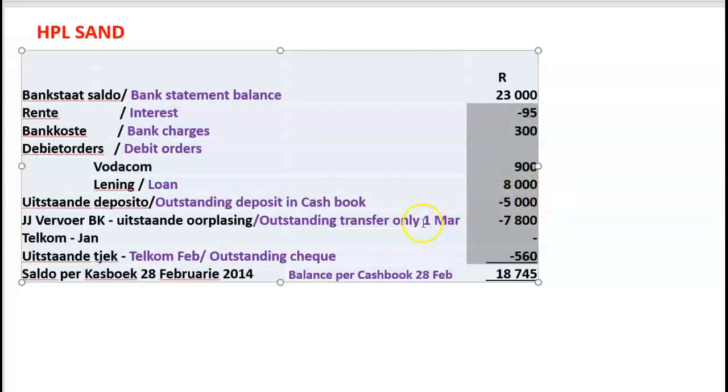That one is already in there, so we're not going to do that. Then this one is already in there. We're not going to do any transactions for that in our bank account. And the 560 is already in our bank account as well. So that means that our bank account will then be updated to an after reconciliation figure. But the question wants a before reconciliation figure, so they want 18,745.